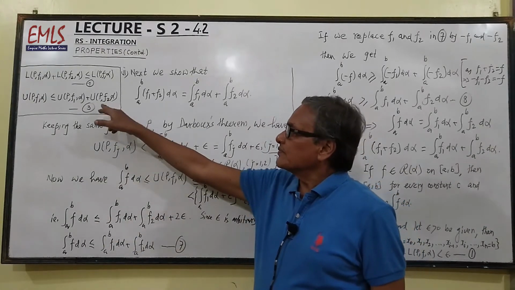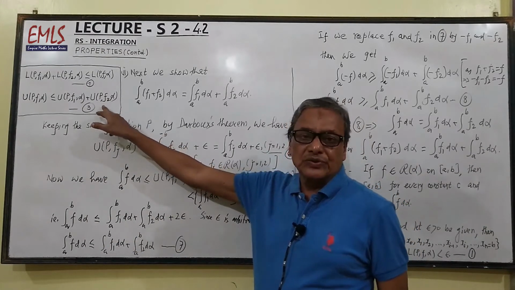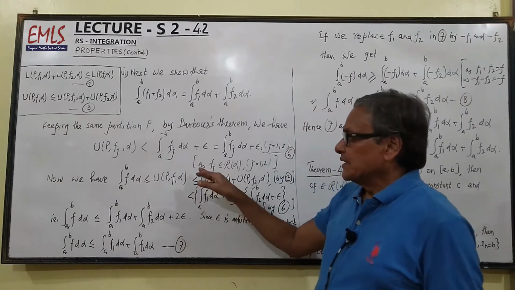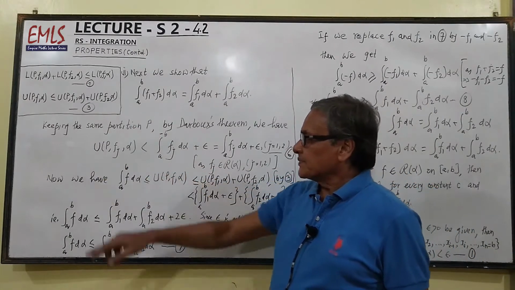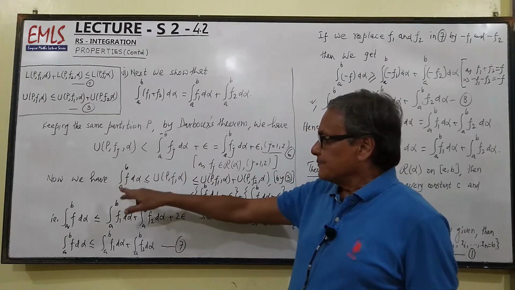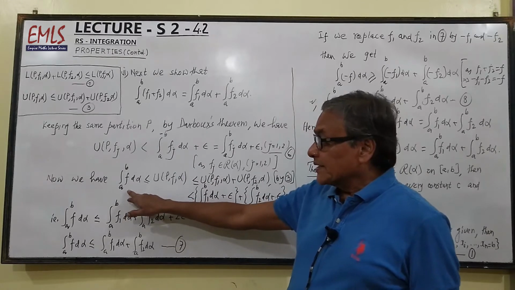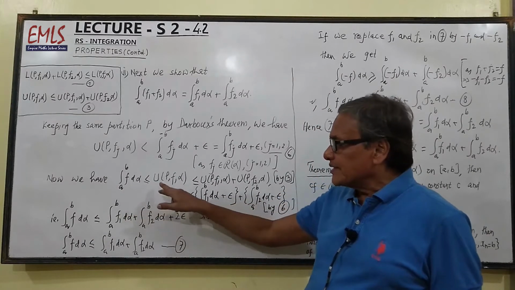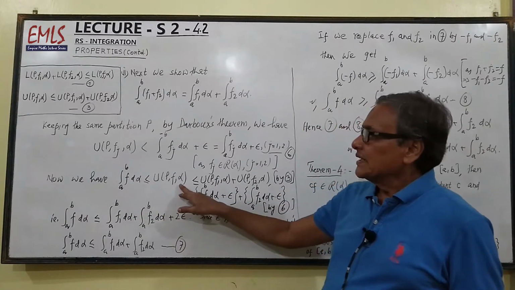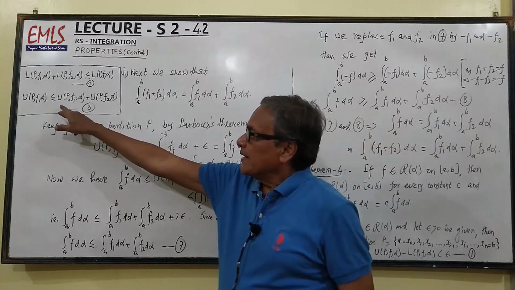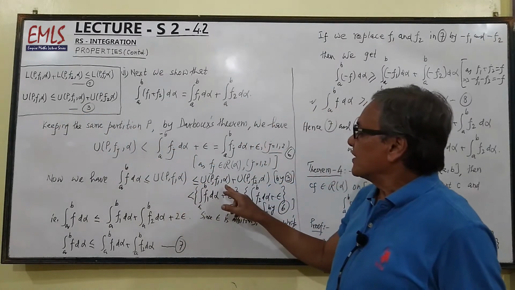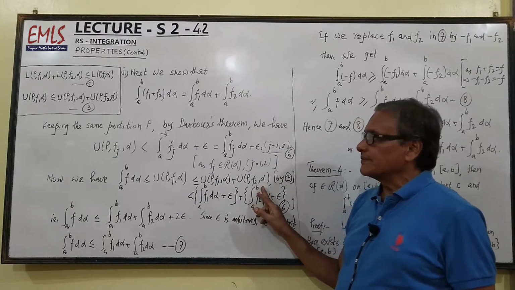Now we are utilizing inequality number 2 here. So we can write that the integral from a to b of f d alpha will be less than or equal to U(P, f, alpha), and U(P, f, alpha) will be less than or equal to U(P, f1, alpha) plus U(P, f2, alpha) by 3.